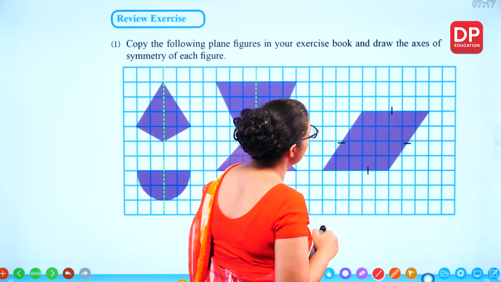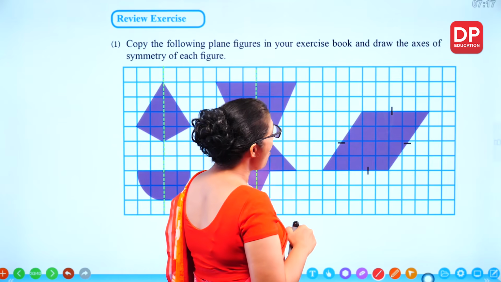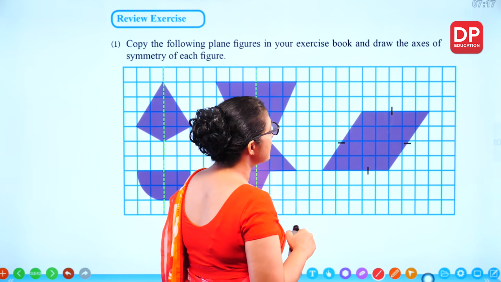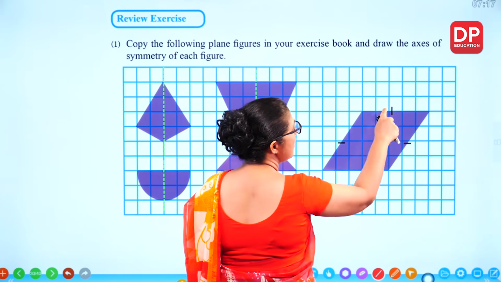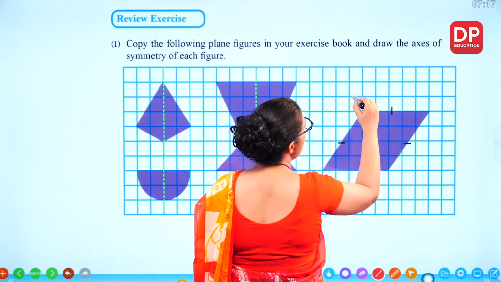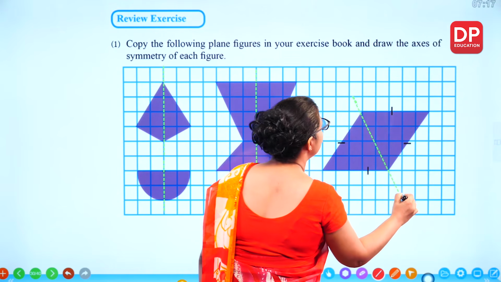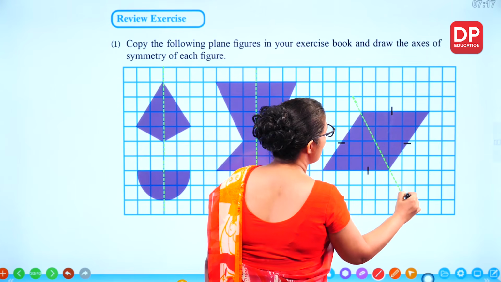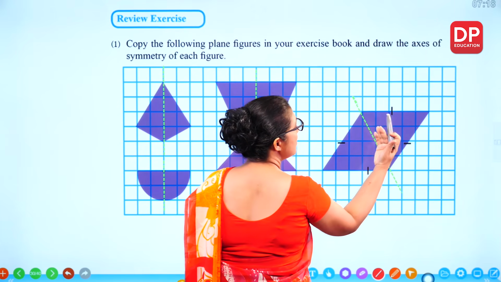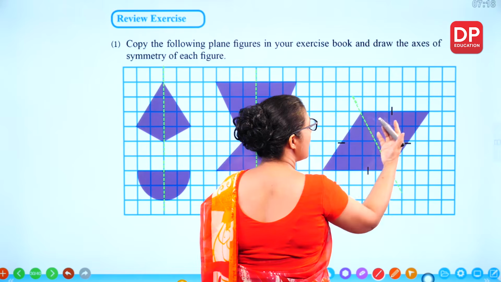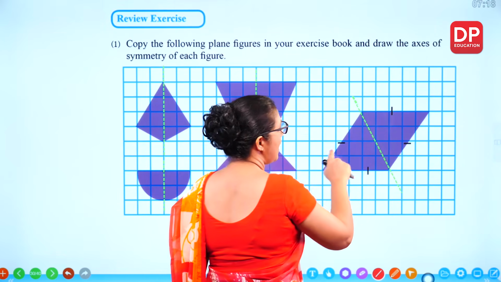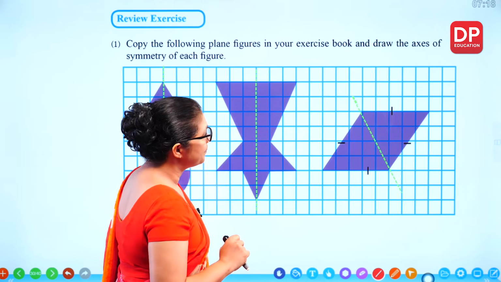What about this one? This is a rhombus. Rhombus, these sides are equal. So you can draw the axis of symmetry this way. Because opposite angles are equal, so when you take this way, this triangle overlaps with this triangle.